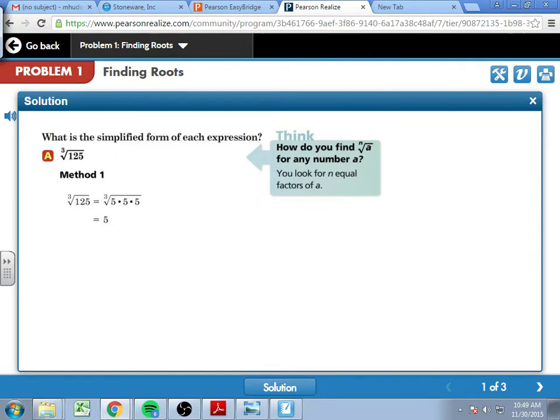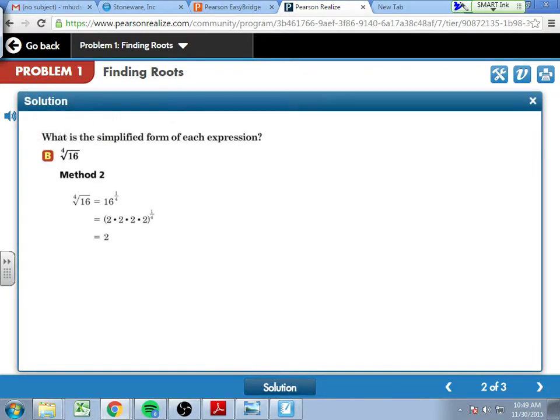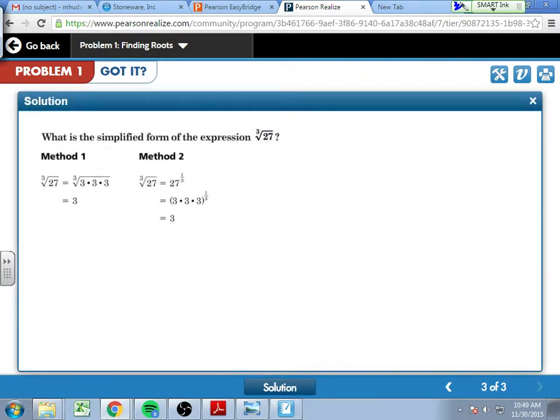So, fourth root of 16, Leon? 2, right? Because 2 times 2 times 2 times 2. What about the third root of 27, Wyatt? 3. All these are real easy, right? Good. Those should be easy.